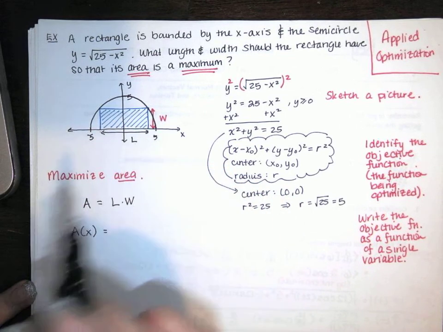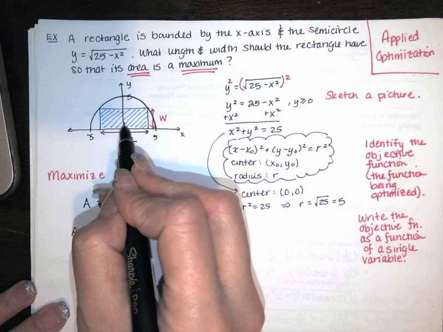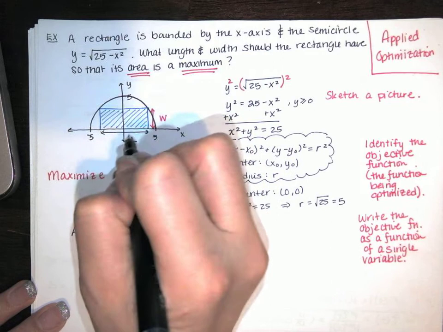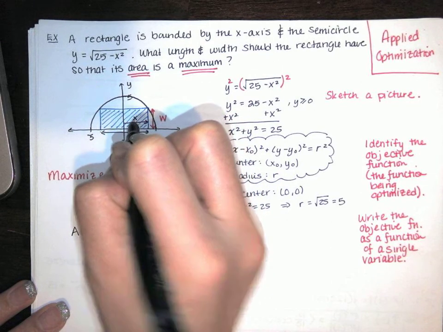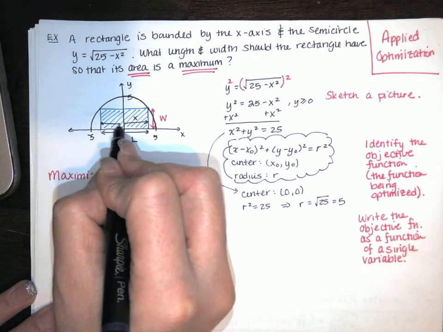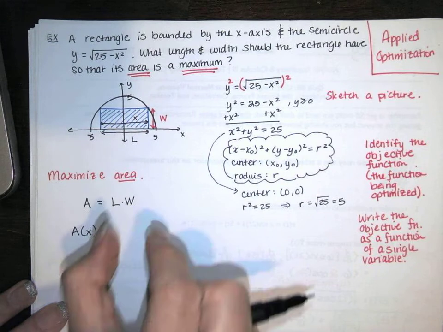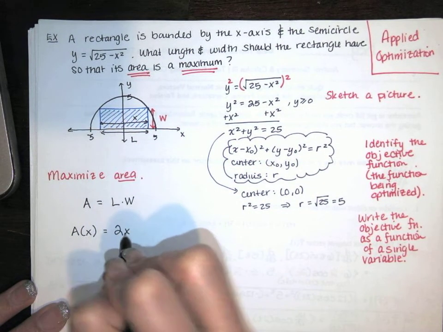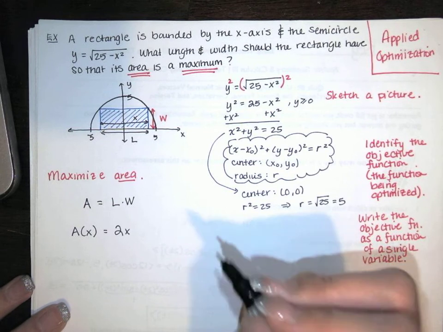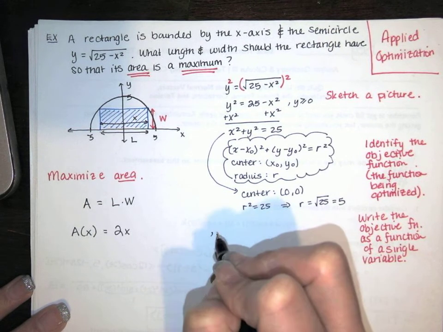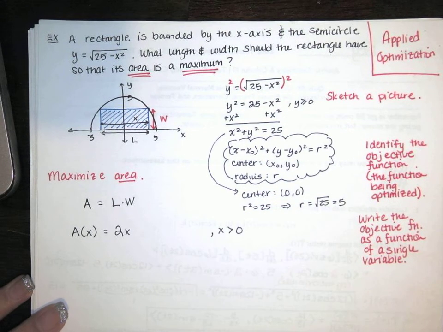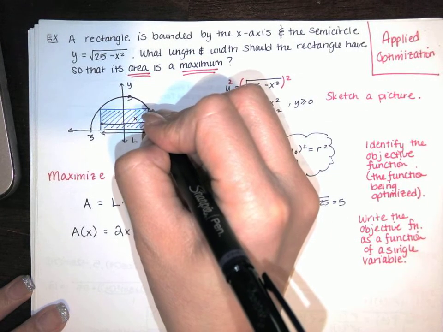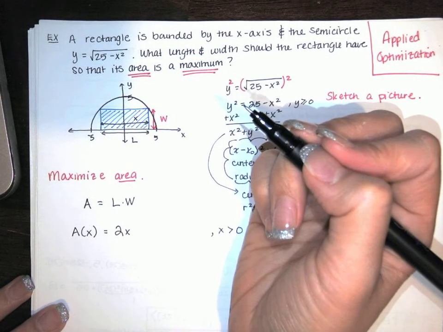So if I treat x as a positive value, so I'm definitely on this side, then this length is x, and the length from there to there is 2 times x, because I'm going to double it. So length is 2x, and I'm choosing values for x that are positive, so I should say that. And the width, well, the width is the y value on that graph.